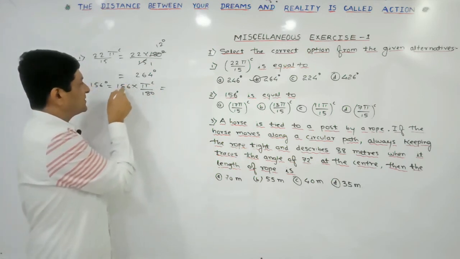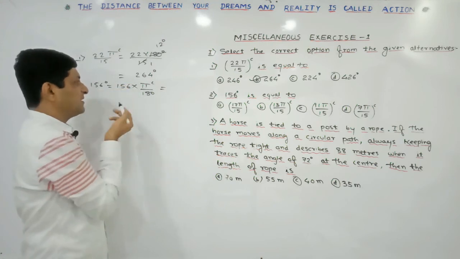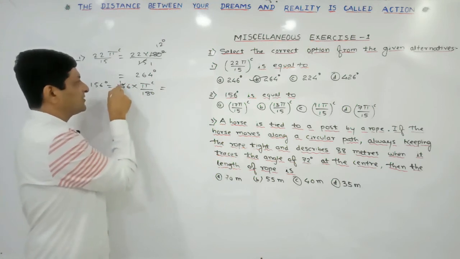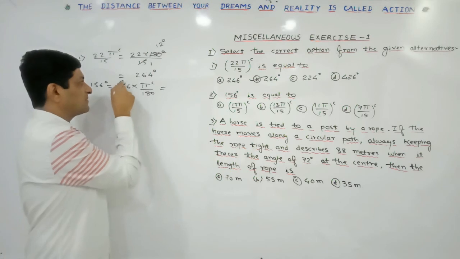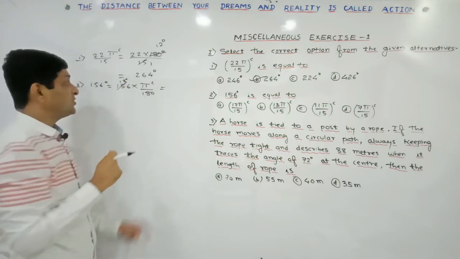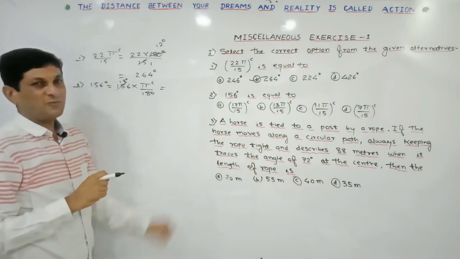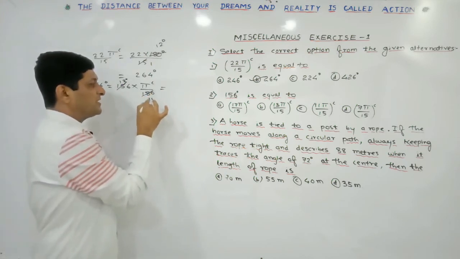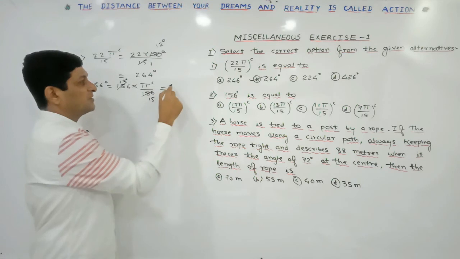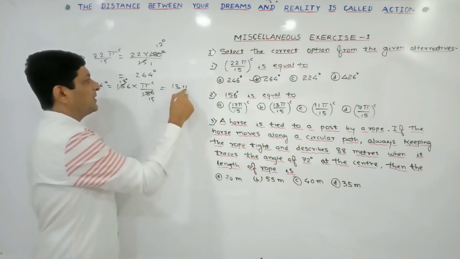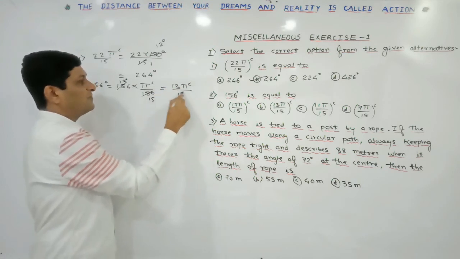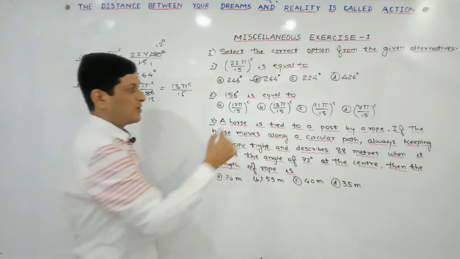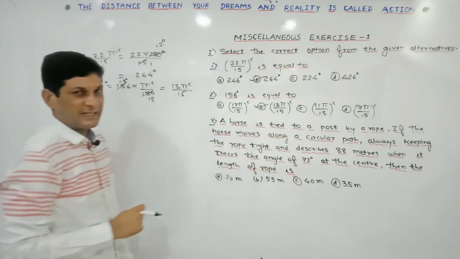I think this number is divisible by 12. Yes, 12 ones are 12, 12 threes are 36, so in short 12 13s are 156, and already we know that 12 15s are 180. So what result are we getting here? 13 pi radian upon 15.